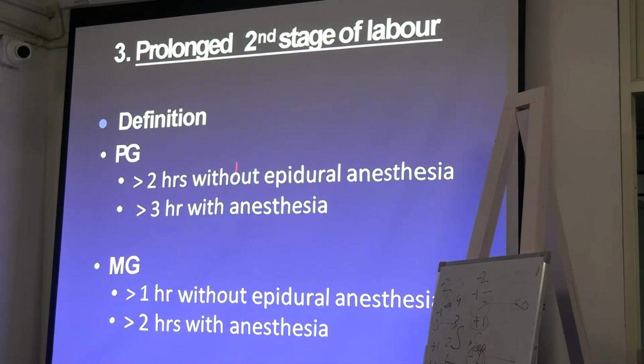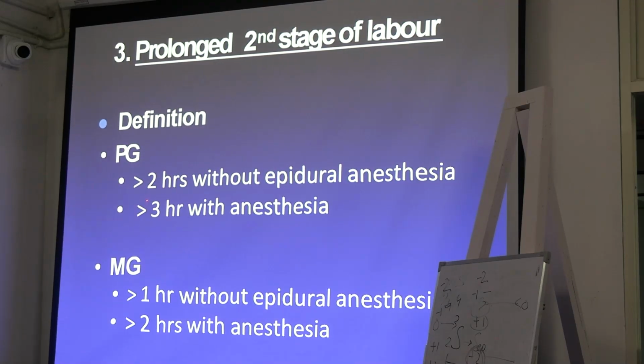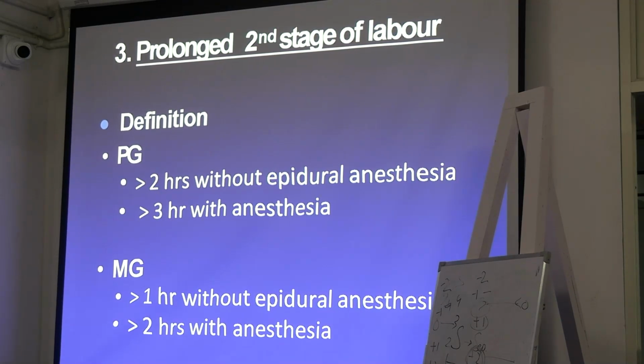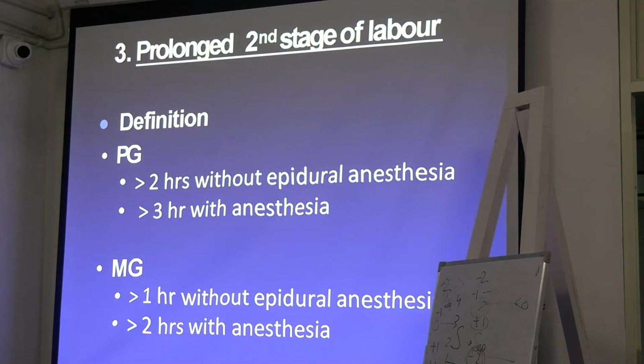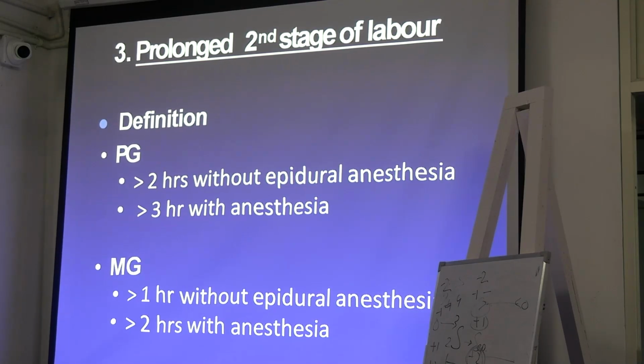What is prolonged second stage of labor? What is the second stage of labor? I just told you, you just read it. From full dilatation to delivery of the baby. That means if that takes more than 2 hours without epidural anesthesia in a primary gravida, or more than 3 hours with anesthesia in a primary gravida, that is prolonged second stage of labor.